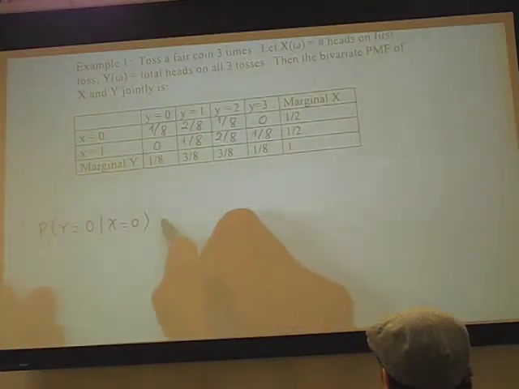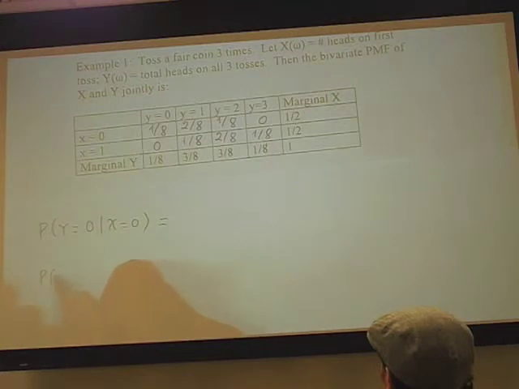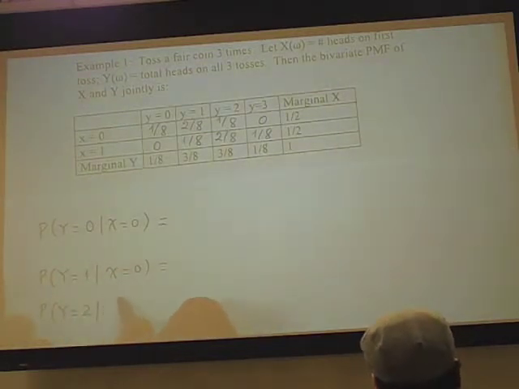Do that all out right here, and then the probability of y equal to 1 given x equal to 0, and then the probability of y equal to 2 given that x equal to 0.